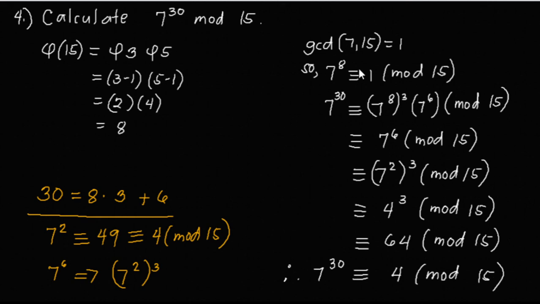Now, let us have another one. Okay. Let us find, I think this is the last example for this lesson. So, 23 raised to 130 mod 25. Okay.